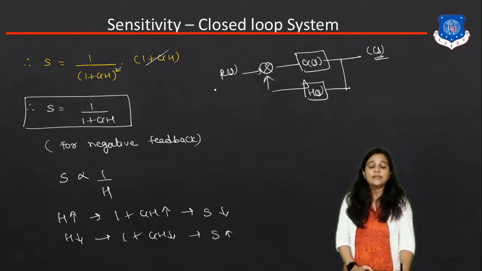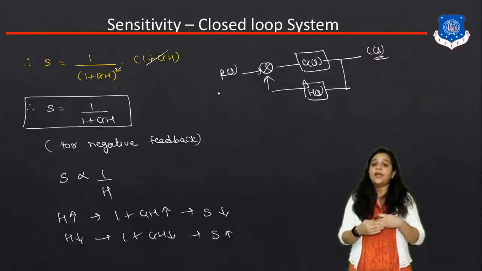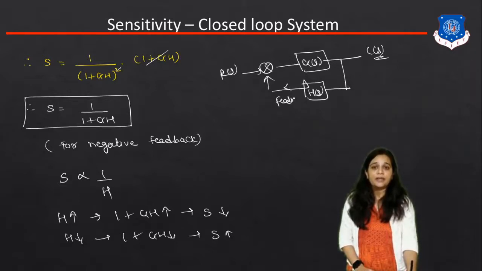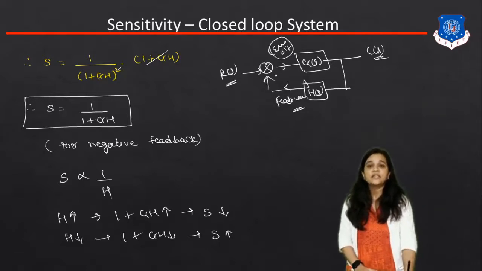Generally, the sensitivity depends on parameter changes like input variation and environment variation, and on which type of feedback parameter we consider, because after the feedback element this is my feedback signal and this is my error signal, E(S). Generally the error signal depends on the input and the feedback signal, because for the error signal we connect the input signal and the feedback signal with the summing point, and the summing point sign is also important for this sensitivity.